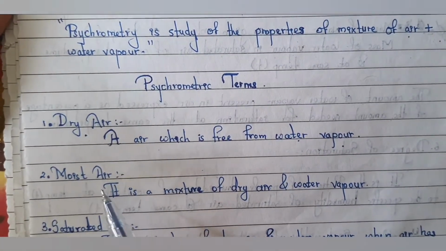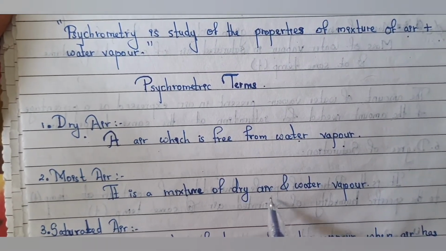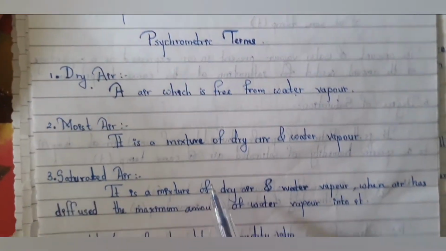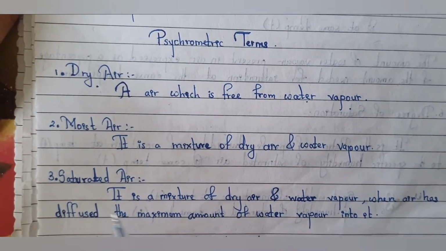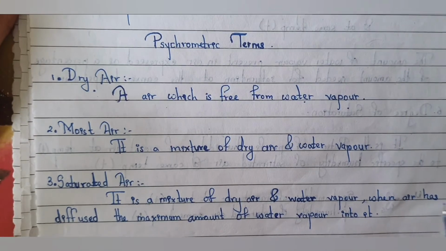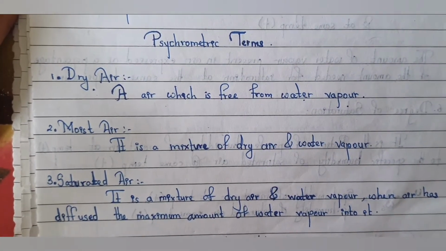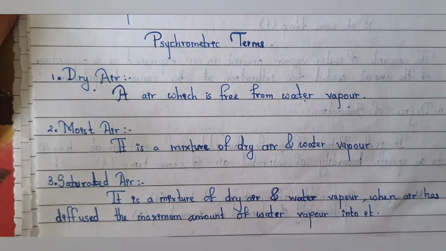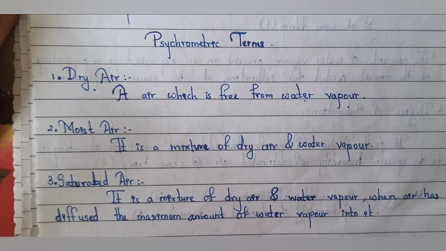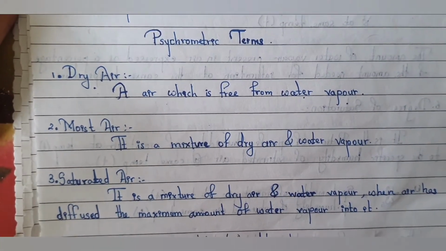Moist air is the mixture of dry air and water vapor, in which water vapor is included. Saturated air is a mixture of dry air and water vapor when the air has diffused the maximum amount of water vapor into it, meaning the air contains the maximum amount of water vapor. This type of air is called saturated air.